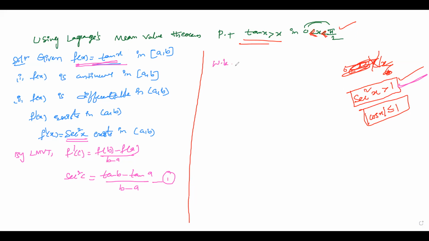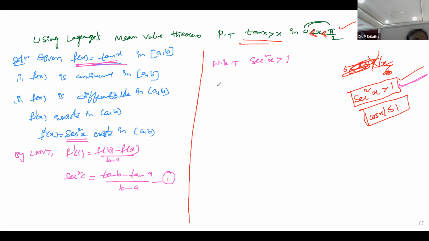We know that secant square x is greater than 1, so we substitute secant square c greater than 1 here. Then the condition will be tan b minus tan a divided by b minus a is greater than 1. This is from equation 1.